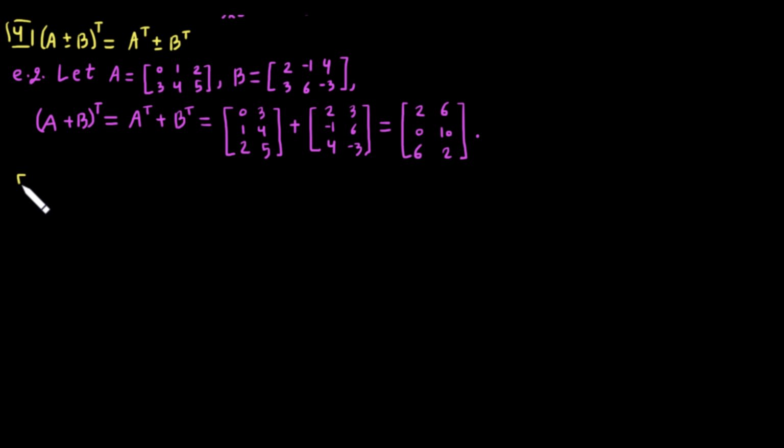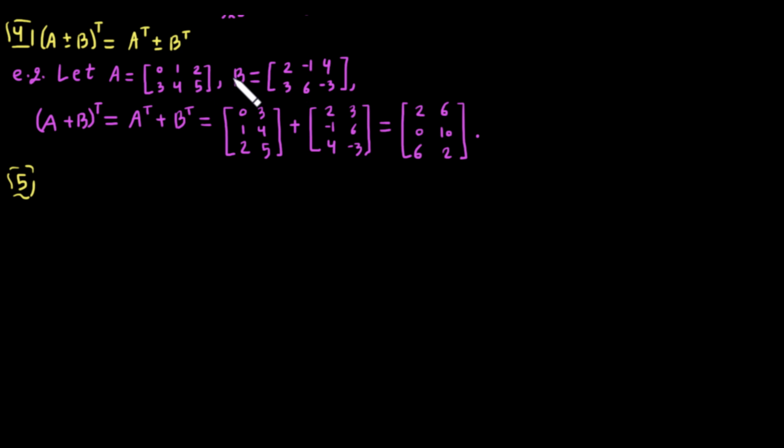The fifth property. Before writing the fifth property, of course you can choose any size of matrices here if you want to add them, and they should be the appropriate size to apply this property. So you cannot use this property if you have a matrix 3 by 2 and this matrix 5 by 2.